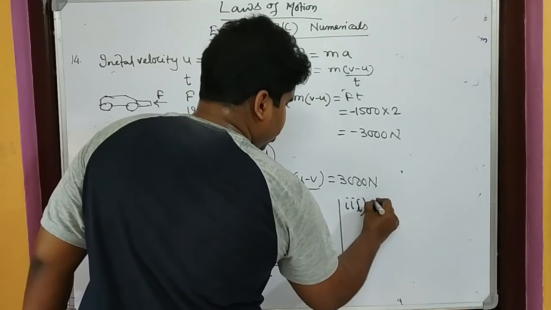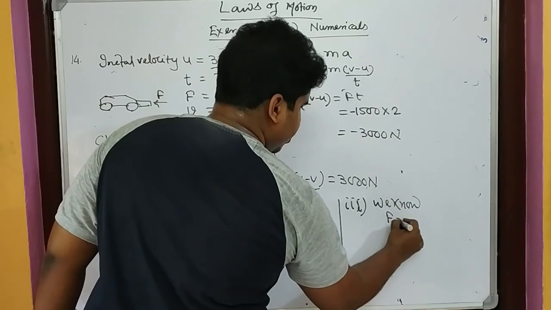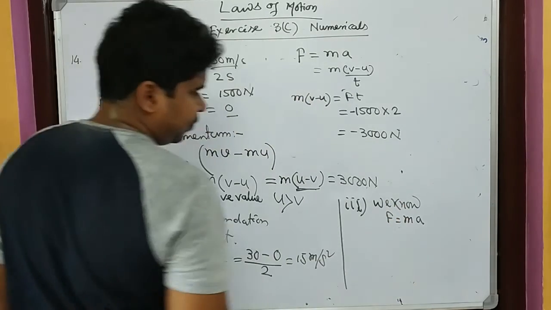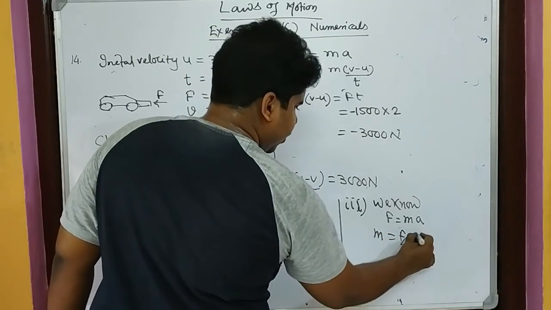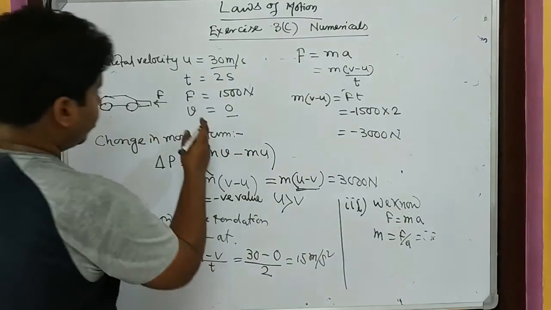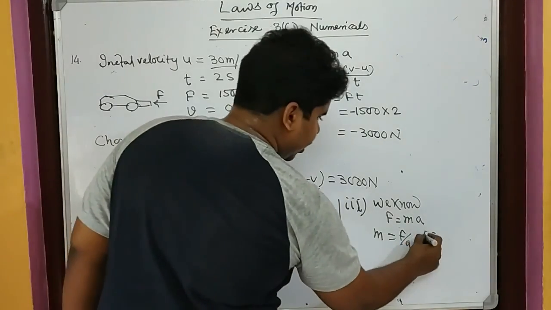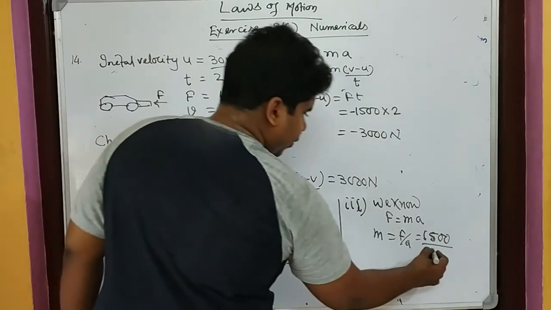Mass of the car. So we know F equals m into a, so m equals F by a. The value of F is given to you: 1500. Value of a is 15.